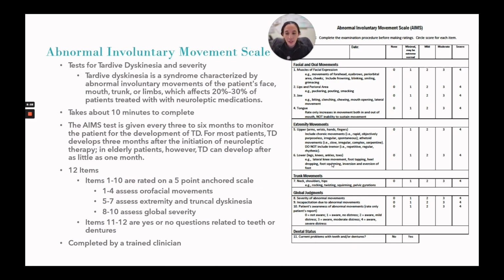Items 1 through 10 are rated on a 5-point scale. 1 through 4 assess orofacial movements, 5 through 7 assess extremity and truncal dyskinesia, and 8 through 10 assess global severity. Items 11 and 12 are yes or no questions related to teeth or dentures, because people might move their mouth because of teeth or dental issues. And again, it is completed by a trained clinician, and this is what it looks like over on the right side.